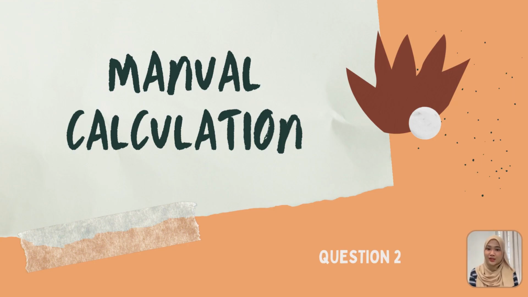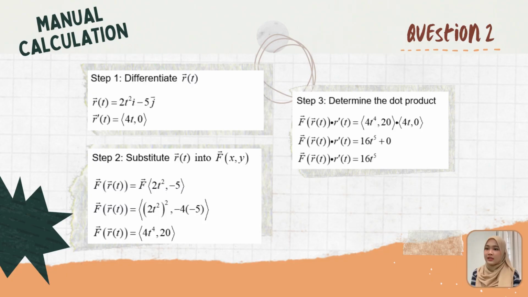Now I will show you how we solve this problem manually. Step 1. Differentiate the vector r of t and we will get r prime of t equal to 4t, 0. Step 2. Substitute the value of r of t into the function F and we will get 4t cubed, 20. Step 3. We have to determine the dot product.